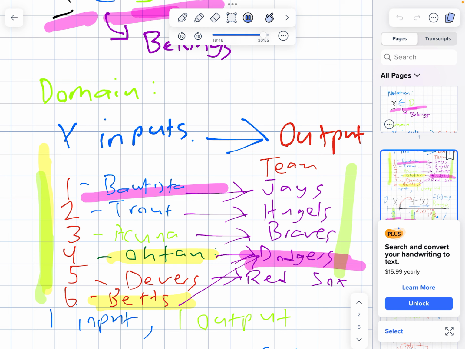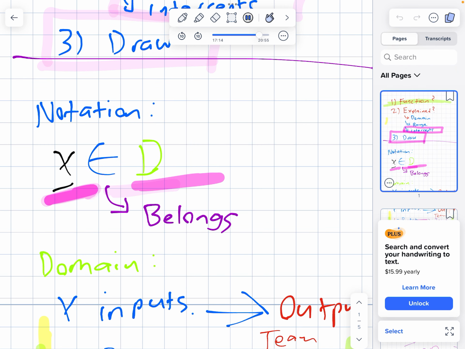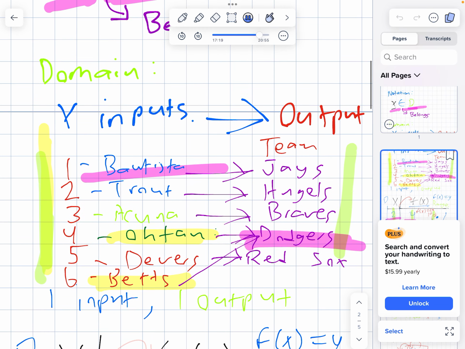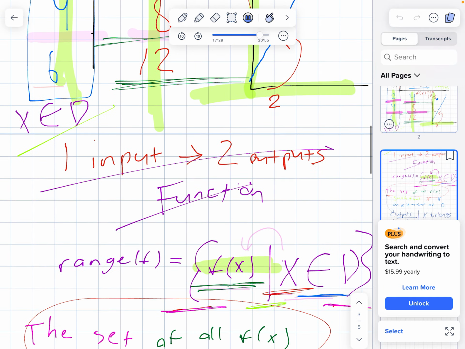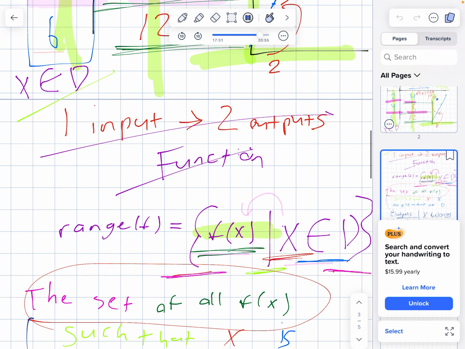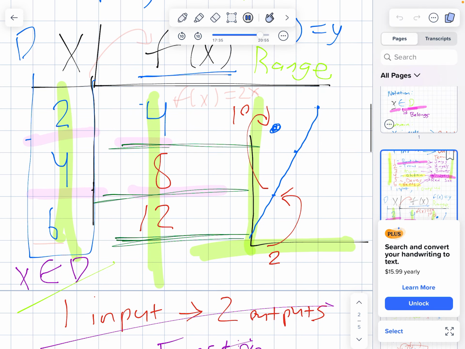X, we get 8. Output, quick note, that belong to D. So domain really is a fancy way of saying these names here. Domain is also a fancy way of saying these numbers here. And it's a fancy way of saying these numbers here.